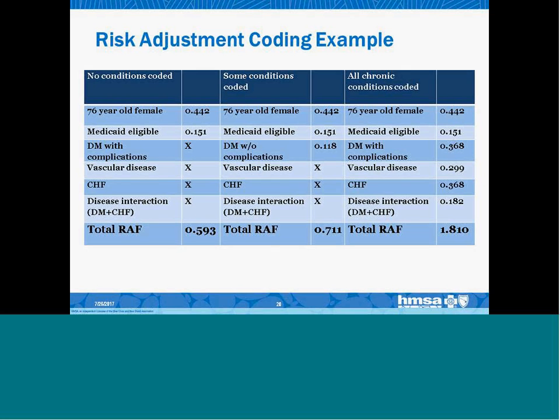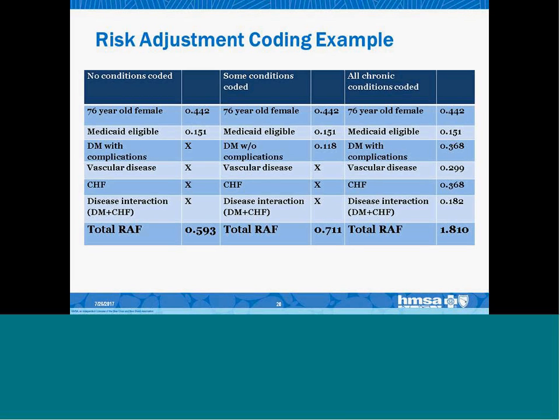So without having any diagnosis, this patient's RAF score would be 0.593. Once a claim is submitted indicating that she has a diagnosis of diabetes without complications, that adds another 0.118. So if you just submitted that she had diabetes on your claim but didn't address any of her other conditions, her RAF score would be 0.711.